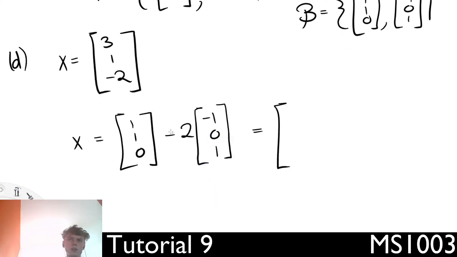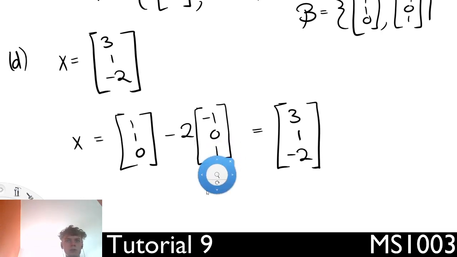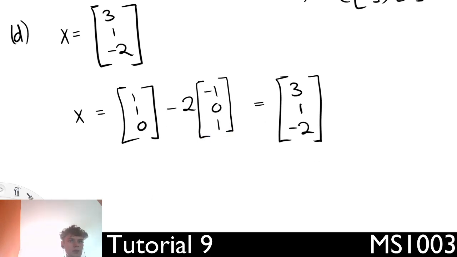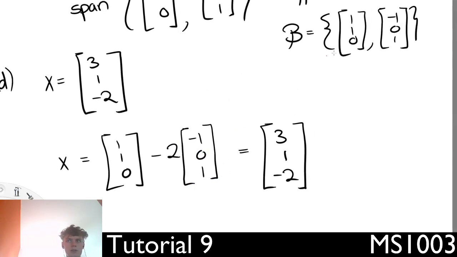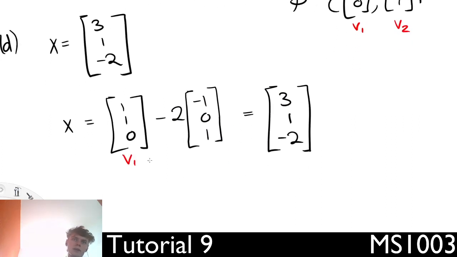Then I think you can check: 1 minus 2 times minus 1 is 1 plus 2, which is 3. 1 minus 0 is 1. 0 minus 2 times 1 is minus 2. So this works. And so if I call these vectors here v1 and v2, then I can see this is v1 and that's v2. And so x is going to be 1 times the vector v1 minus 2 times the vector v2.